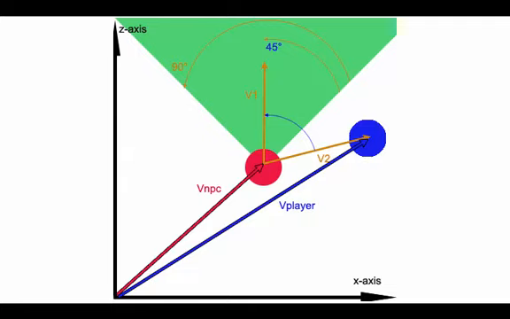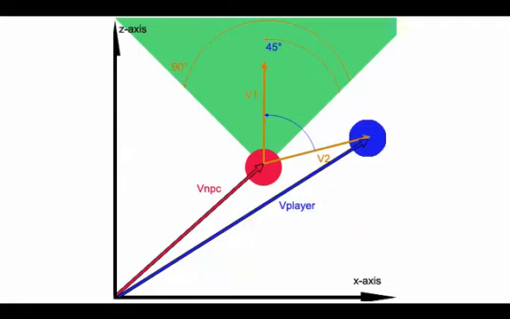If we operate a loop from the origin of the coordinate system, we can go from the origin to the NPC by following the vector vNPC, then follow the vector v2 in reverse, which means that we go from the head of the vector to the tail, and then follow the vector vPlayer in reverse again, which means that we follow it from the head to the tail.